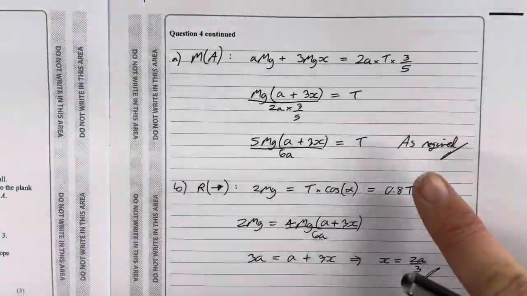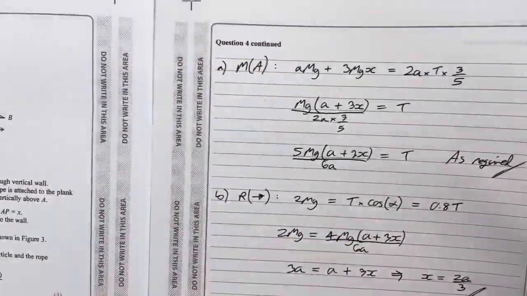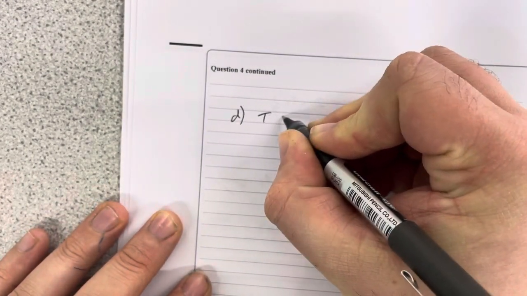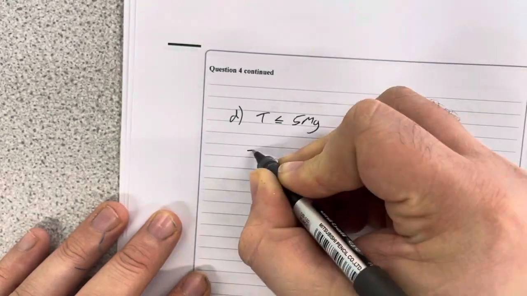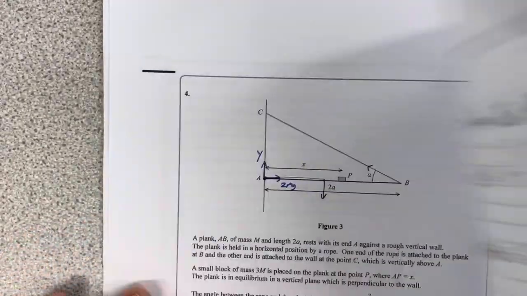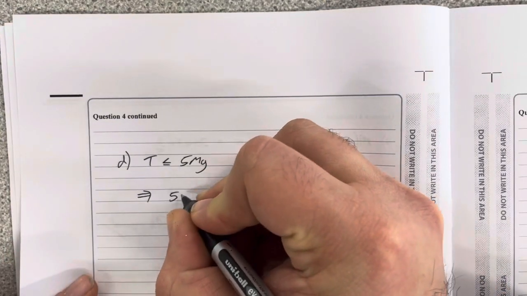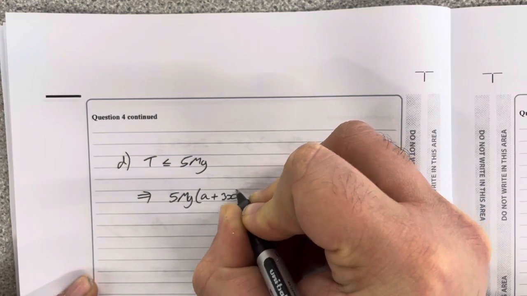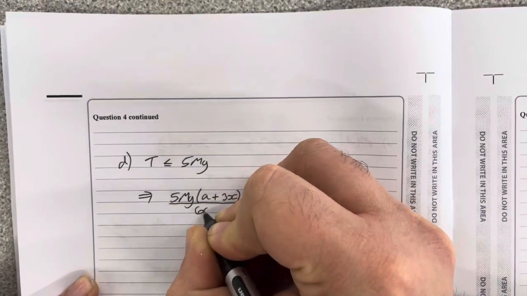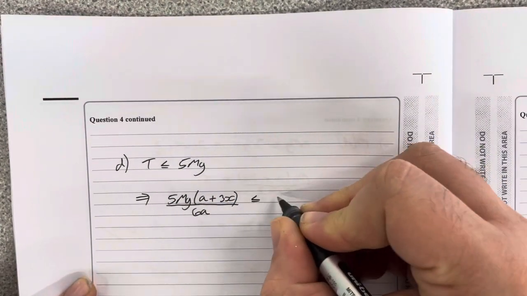And we cannot have that exceed 5 mg. So T must be less than 5 mg. So for part D, T must be less than or equal to 5 mg. This implies that tension 5 mg into (a plus 3x), all divided by 6a, must be less than or equal to 5 mg.